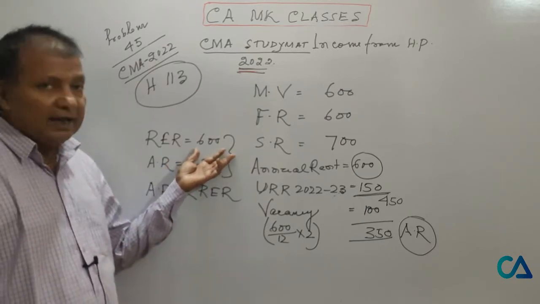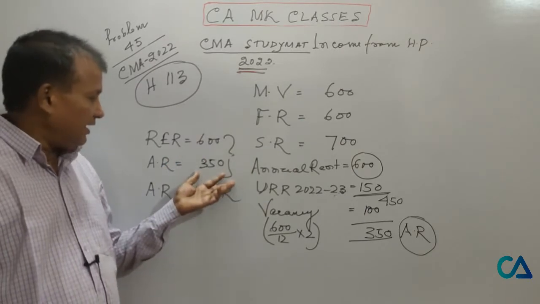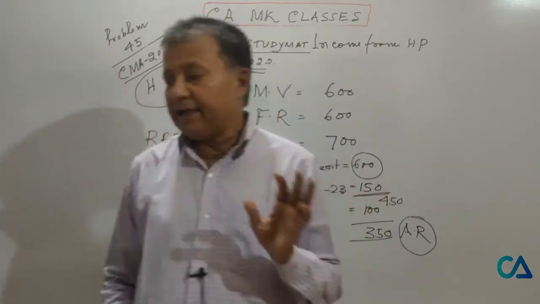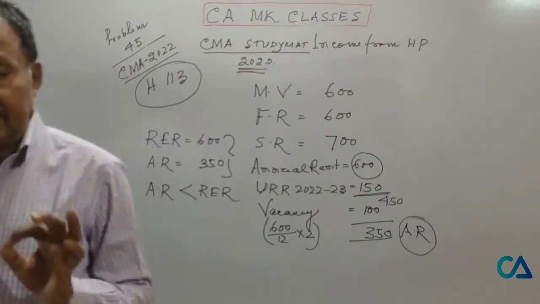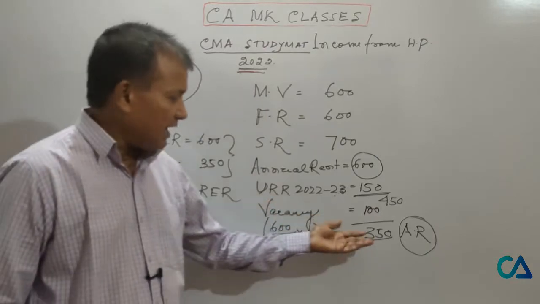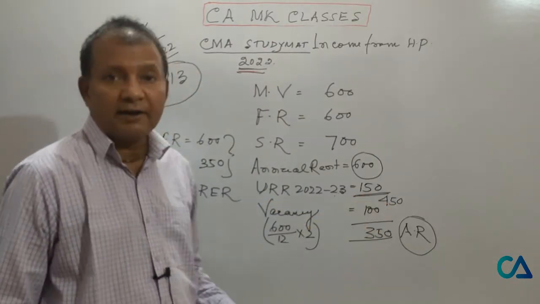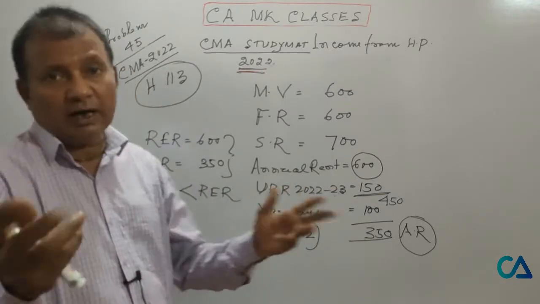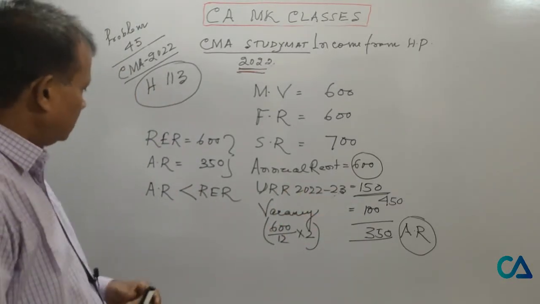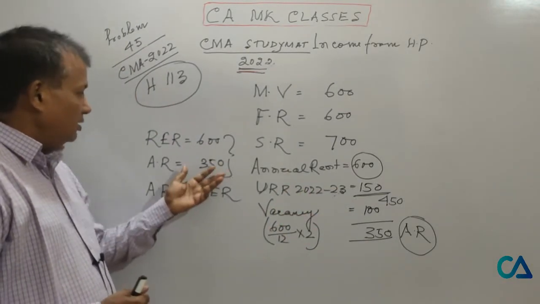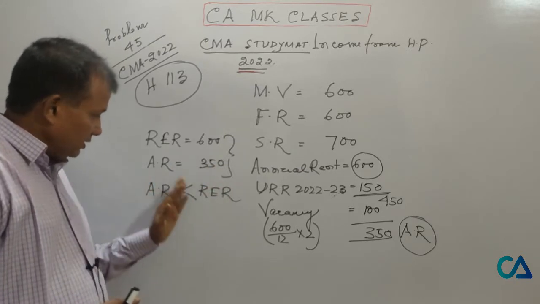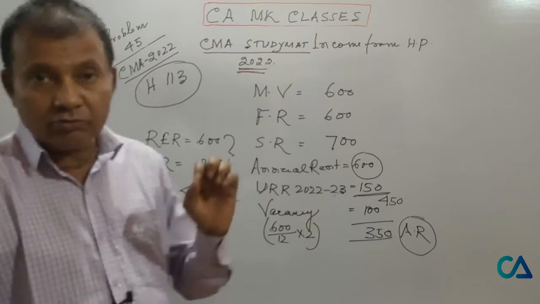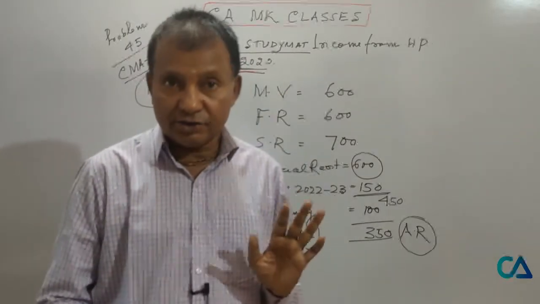So ALV is 600 and actual rent is 350. Suppose the vacancy is not there, then how much am I going to get? 450. If there is no vacancy, I will get 450. That means the actual rent is less than ALV due to some other factors.